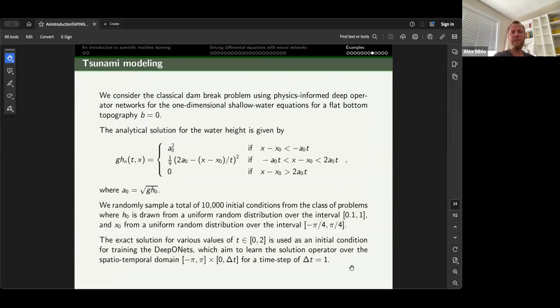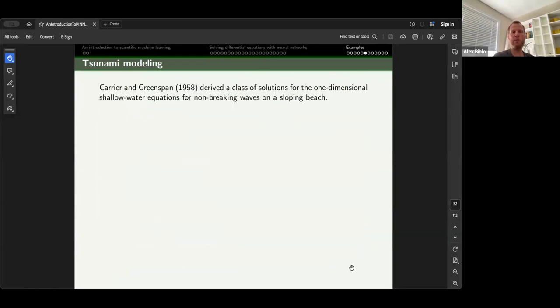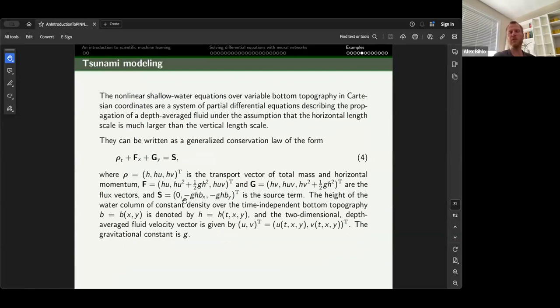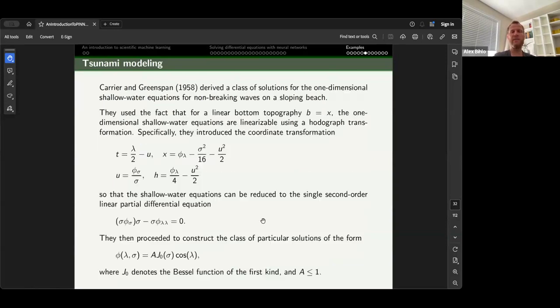So time stepping works for autonomous equations. And a lot of equations out there are autonomous equations, and then time stepping works.